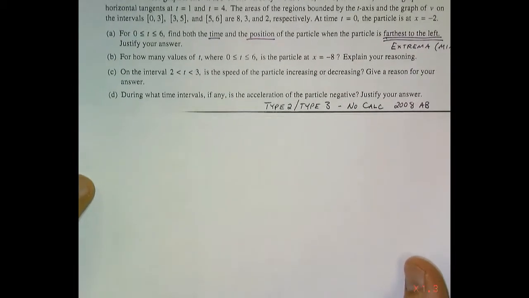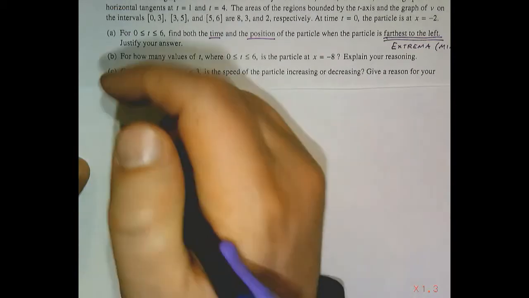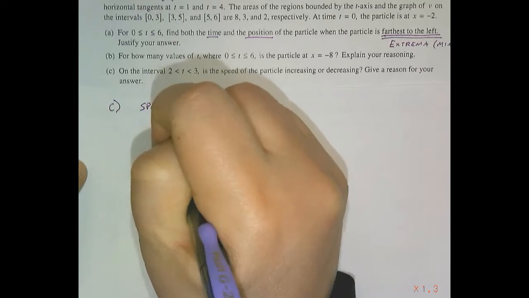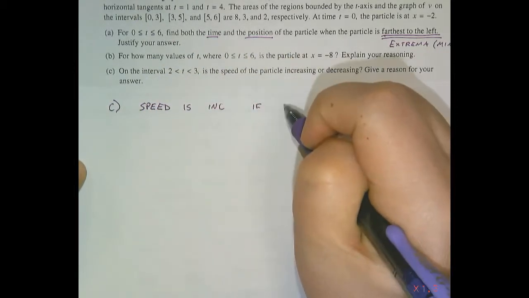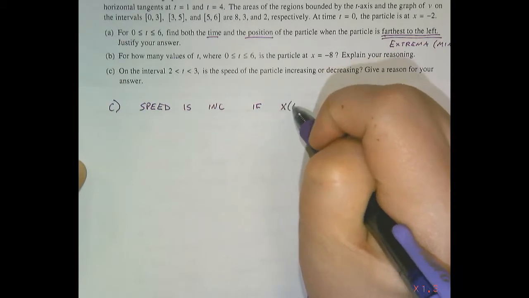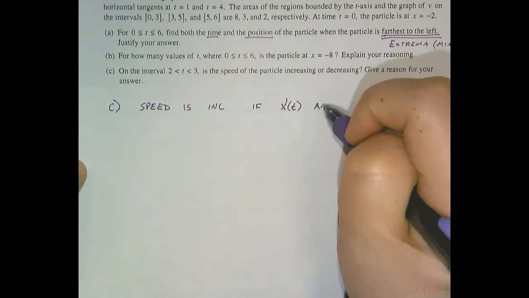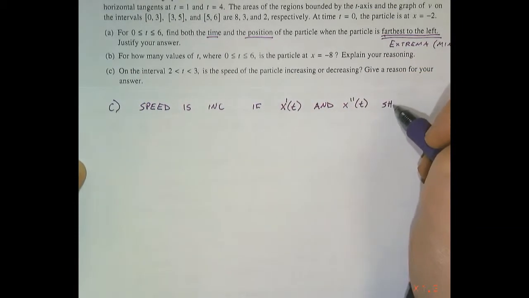All right, let's look at part C. Part C says, on the interval 2 to 3, is the speed increasing or decreasing? So, speed is increasing if x prime of t and x prime prime of t share signs.